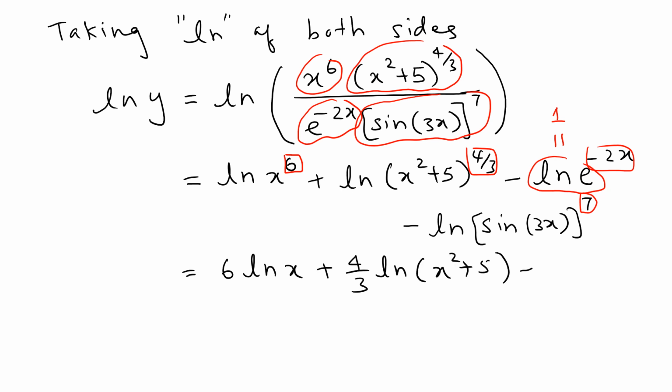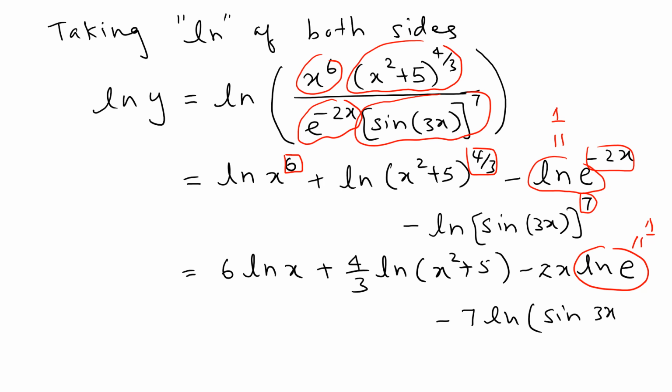Next one is negative 2x ln e, but we know that ln e equals 1, so now we can ignore that. And here, negative 7 comes out: ln sine 3x. So you can see that this is very simple compared to what we had earlier. There are no powers, it's just sums and differences.